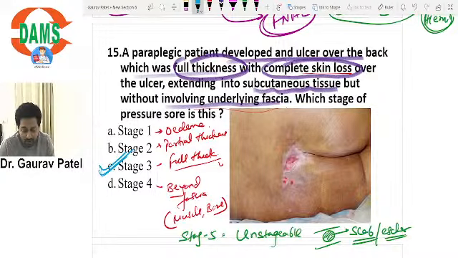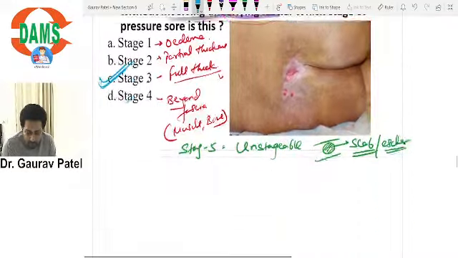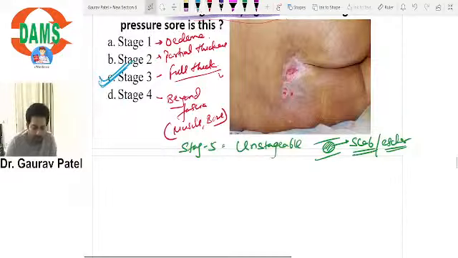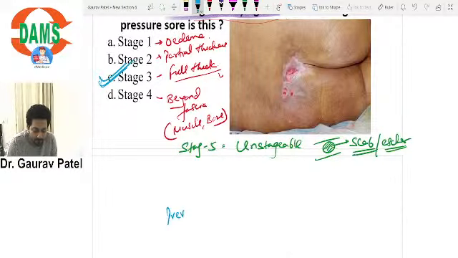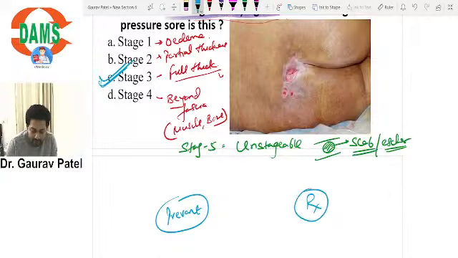Decubitus ulcer or this bed sore is a very important question. All clear? How will you prevent this? How will you treat this?